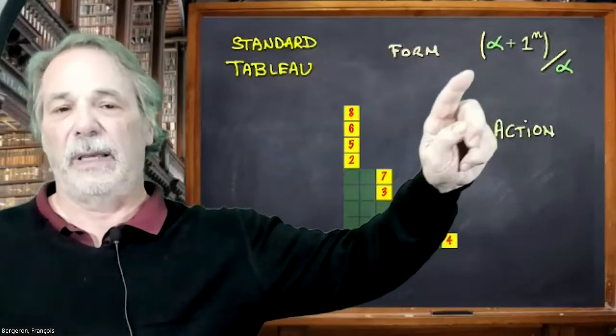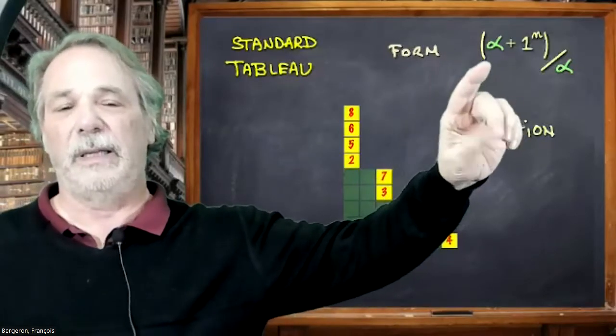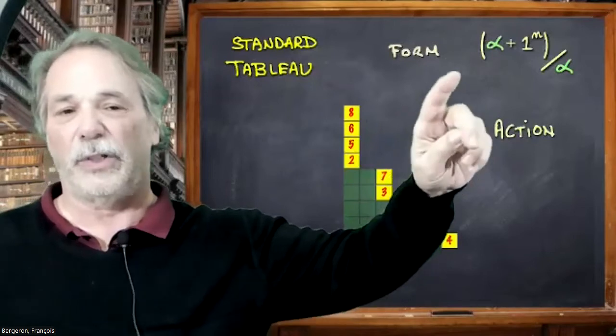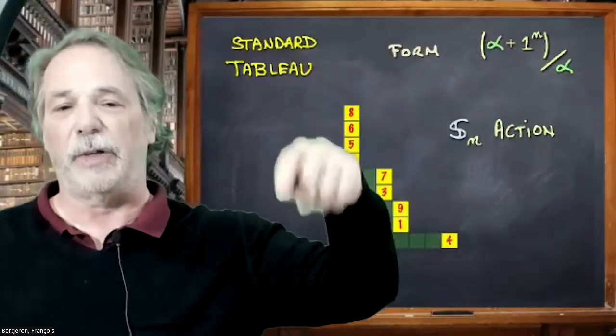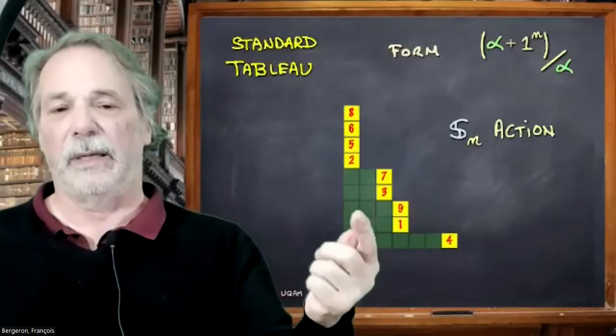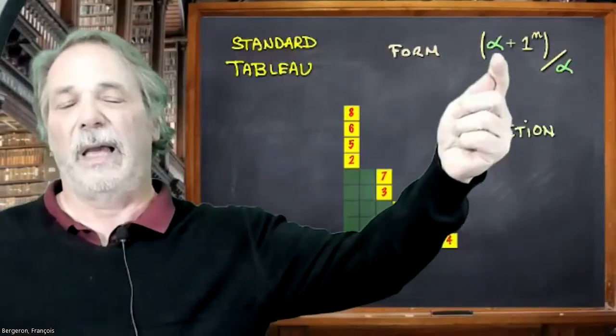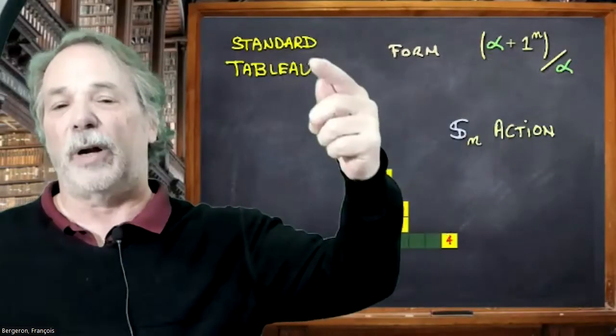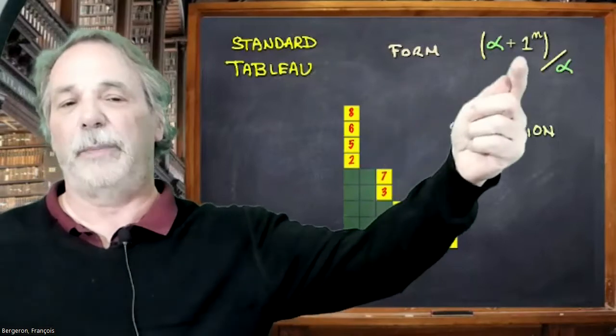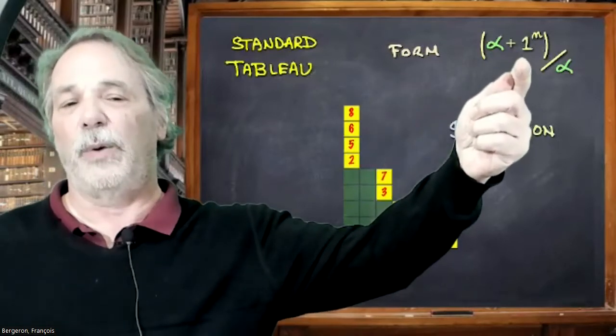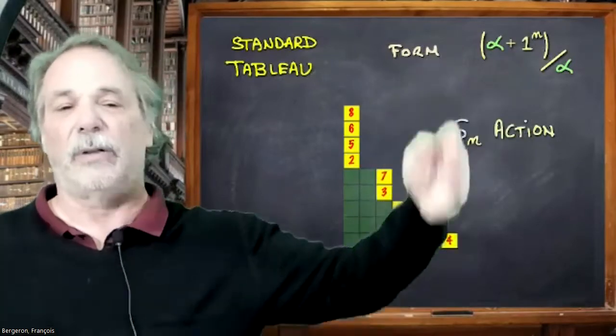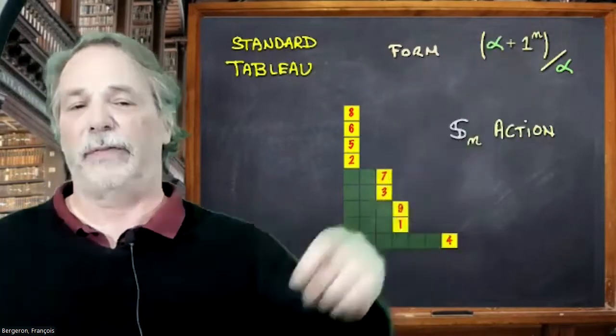A parking function of a green shape, if you've never seen the definition, is simply a standard Young tableau of shape alpha plus a column of n cells, skew alpha.